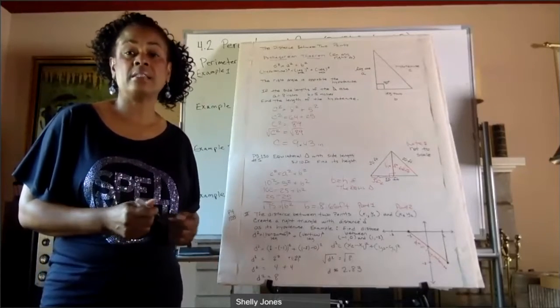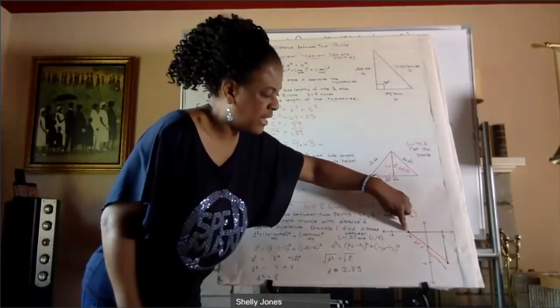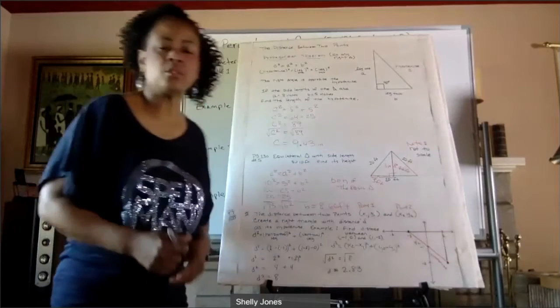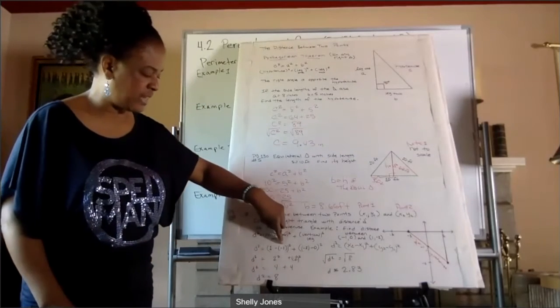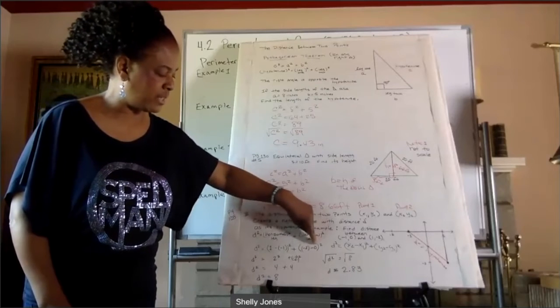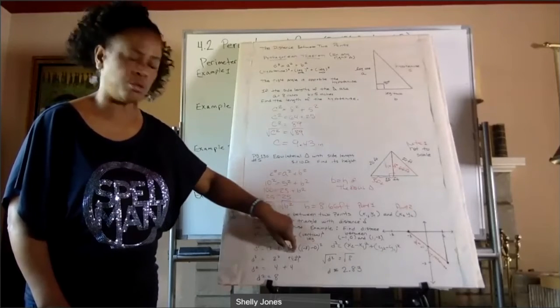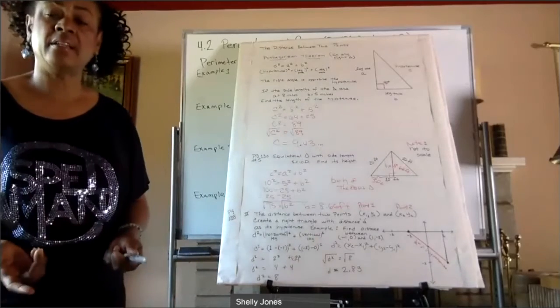So we have a 2 difference, and then a 2 difference as well. So 1 minus negative 1 is like 1 plus 1 is 2. And then a negative 2 minus 0 is a negative 2. But when I square those, 2 squared is 4, 2 squared is 4, and then 4 plus 4 is 8.